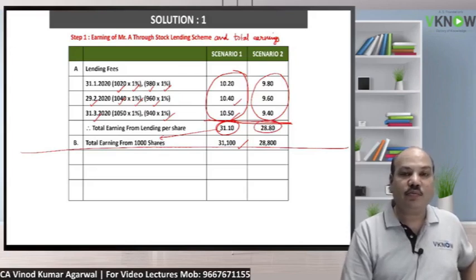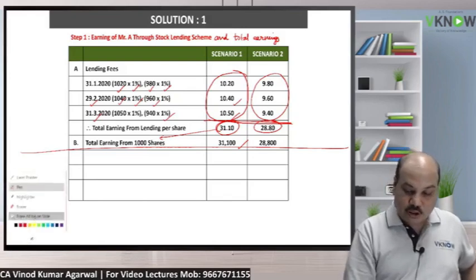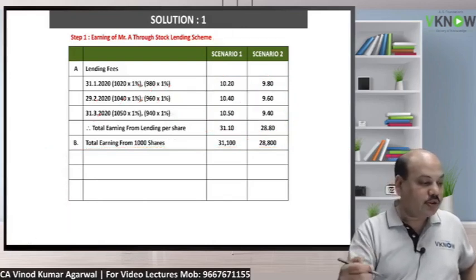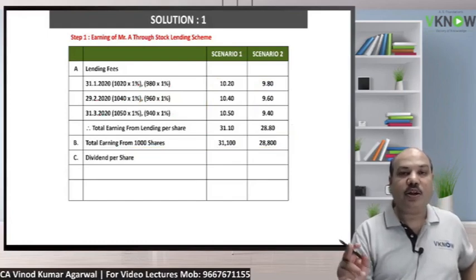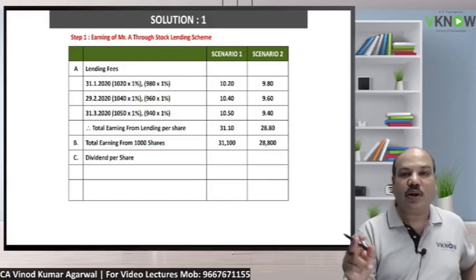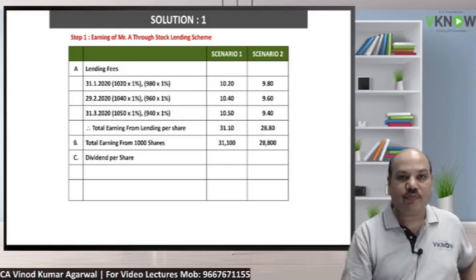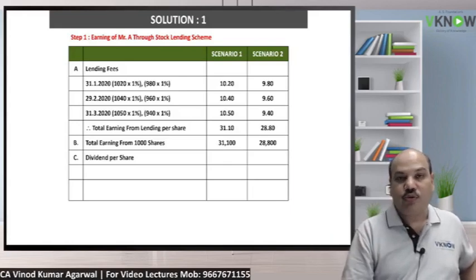If only this is the question, this is the answer for income through stock lending scheme. But in addition to that, there is another question which says total earning. Any dividend paid by the company will be compensated by short seller to Mr. A. Okay. So now you write down next line, point number C, dividend per share.